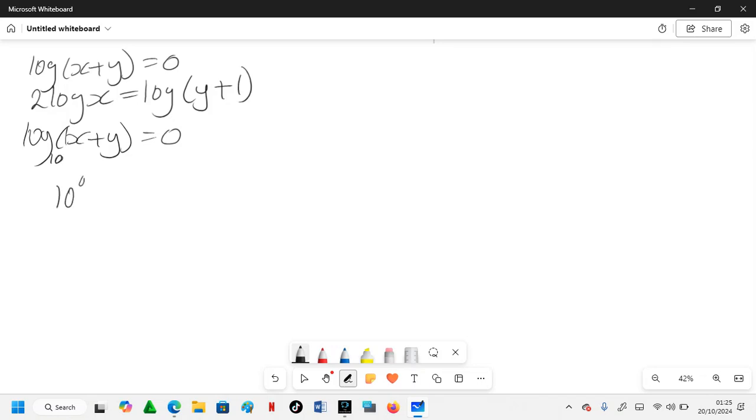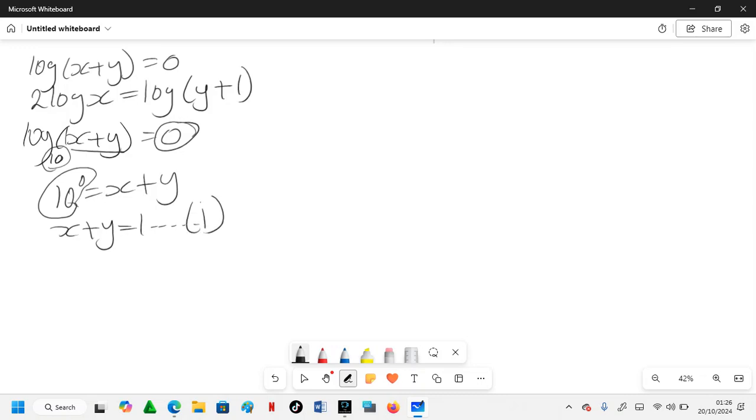So 10 to power 0 is x plus y. Now I'm writing it in index form. 10 to this power is that, and anything to power 0 is 1. That means x plus y is equal to 1. Okay, that is our first equation.